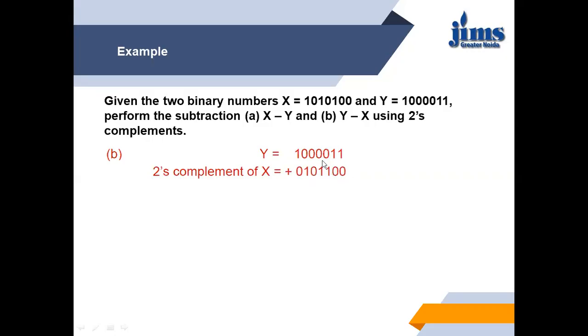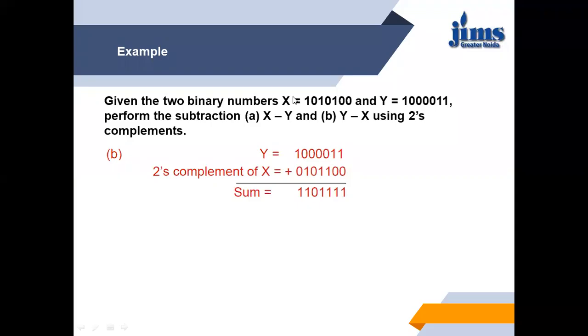Now both x and y are of 7 bits, so the sum should be of 7 bits. So we add it simply. So it is 1 plus 0 is 1, 1 plus 0 is 1, again 1 plus 0 is 1, 1 plus 0 is 1, 0 plus 0 is 0, 1 plus 0 is 1, 1 plus 0 is 1.